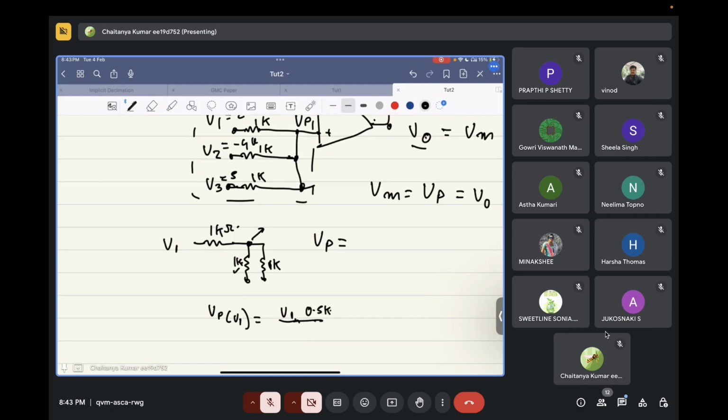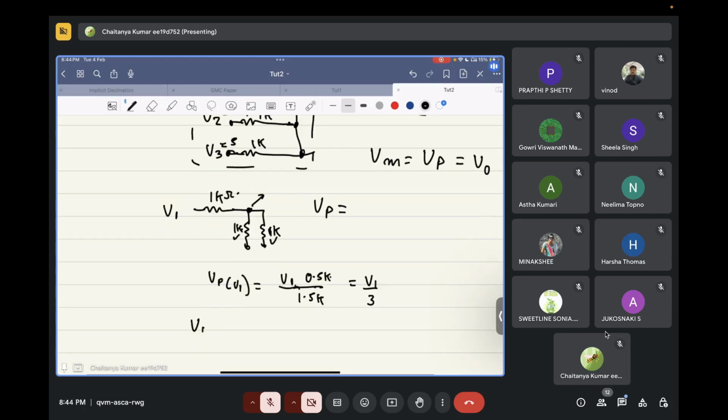So why 0.5? This 1 and 1 in parallel will be 0.5 kilo ohms. So it will be basically divided by 1.5 kilo ohms. This is V1 by 3. Same thing can be done for V2 and V3. So basically Vp will be equal to V1 plus V2 plus V3 by 3. Okay.